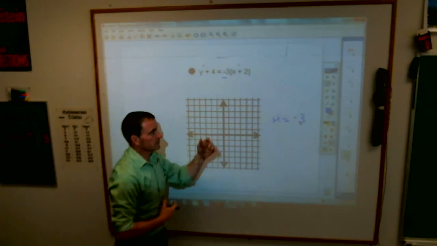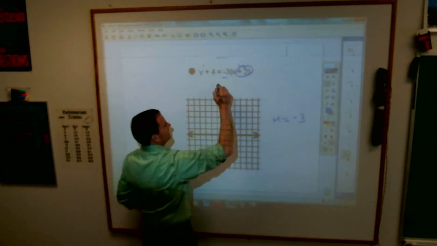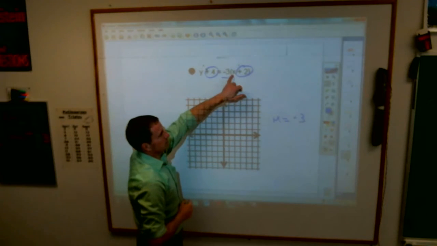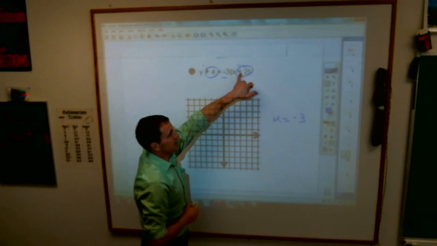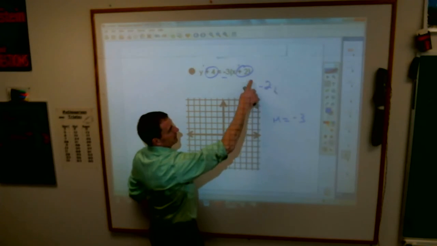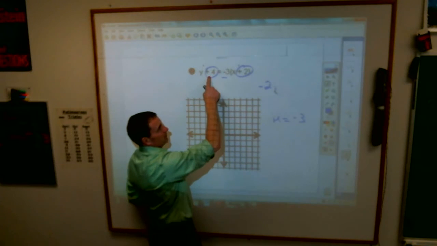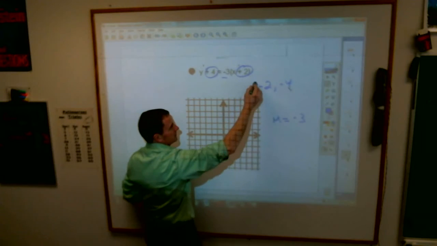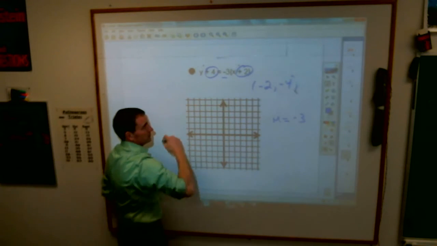But you have to think opposites: originally this was X minus, so to get that minus to become a 2, the X had to be -2, because a -2 gives you the positive. Same thing with this. The Y had to start out being -4, because the -4 gives you a positive. So you really have to think opposites.